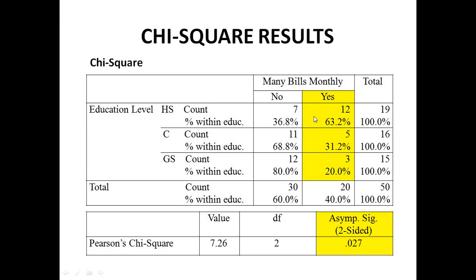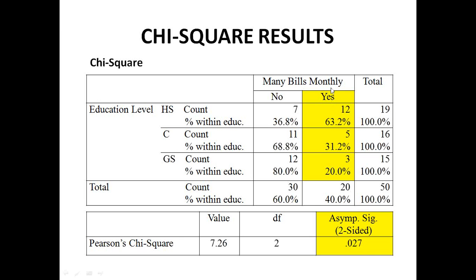Then that's cross-tabulated by many bills monthly, yes or no. So the first thing we want to look at, as we said, is the significance level, which is in the third box, the first row. It's 0.027, which is below 0.05, saying it's a statistically significant difference.